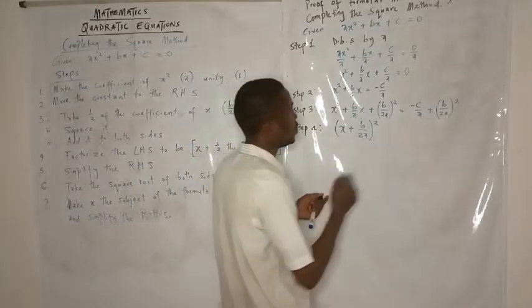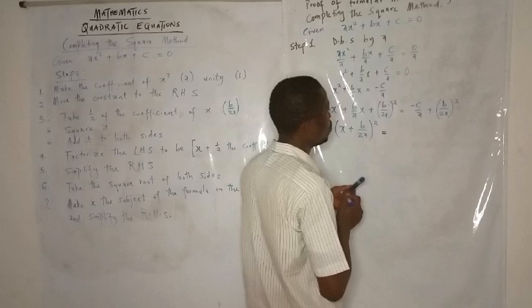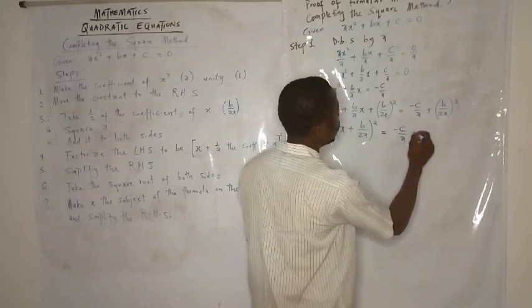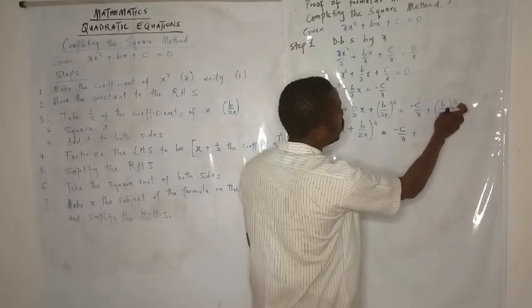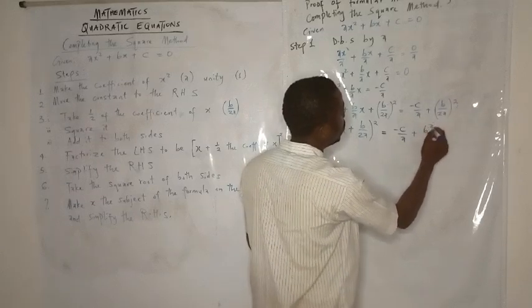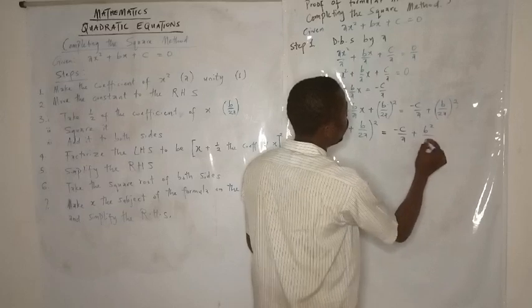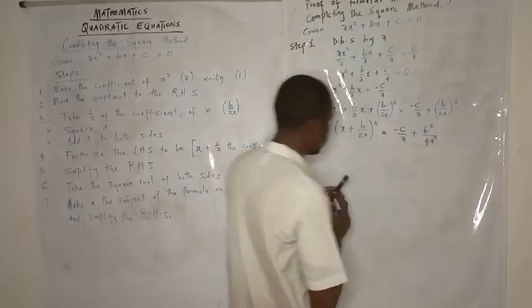So we have this will be equal to minus c over a plus, we can expand this, we can open this bracket by applying the square. So this will be b squared over 2a squared, which is 2 squared is 4, and a squared is a squared. So we have b squared over 4a squared.